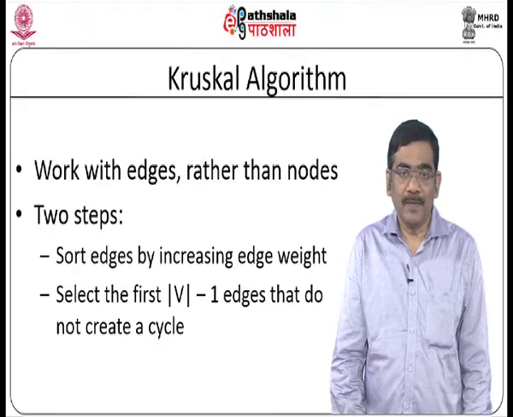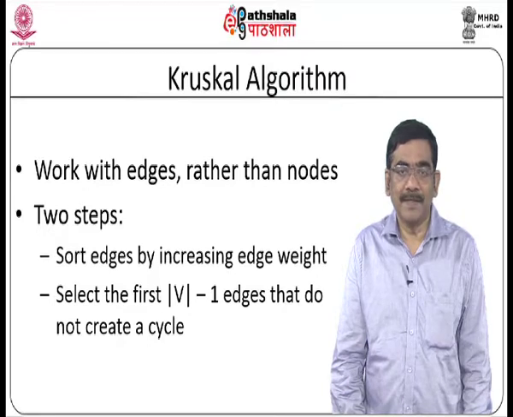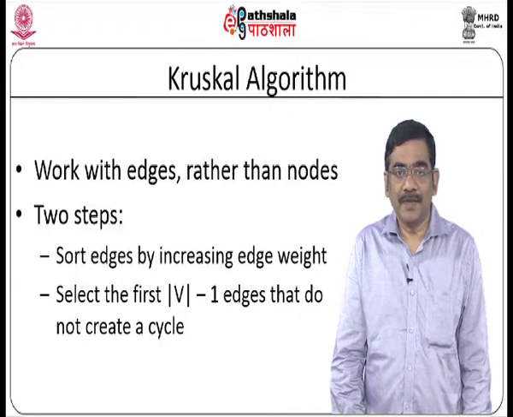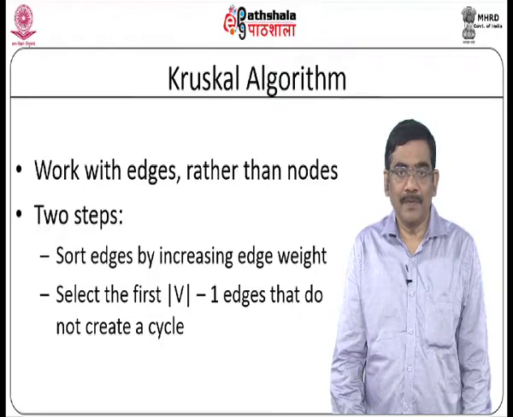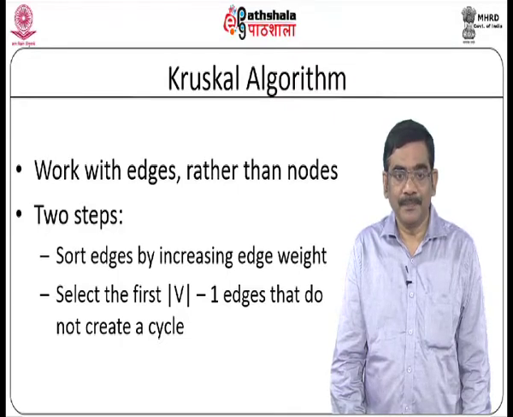So, the algorithm involves two steps. One is sorting all the edges based on the weight, because we are going to apply the greedy approach, where we look for the least cost edge. So, the first step is to sort all the edges based on the edge weight.